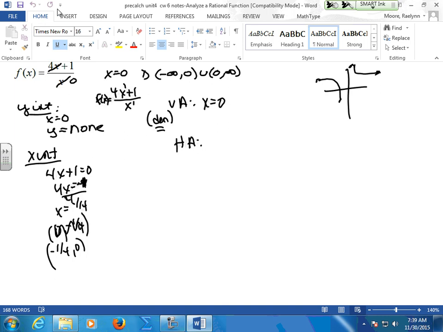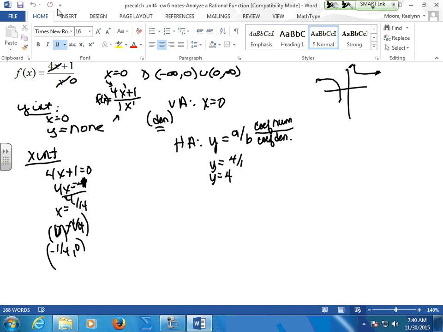If the degree in the numerator is equal to the degree in the denominator, then you have a horizontal line, and we say A over B. A over B means the coefficient of the numerator over the coefficient of the denominator. So y is equal to 4 over 1, or y is equal to 4. These are the asymptotes that are going to guide your end behavior.